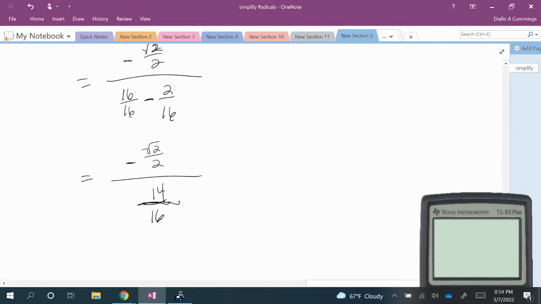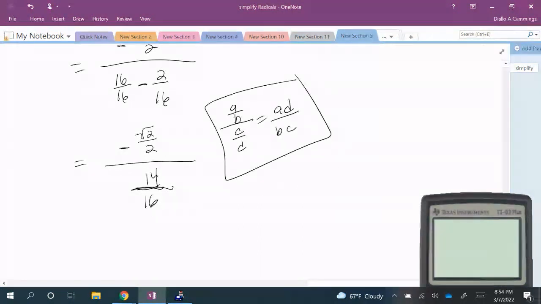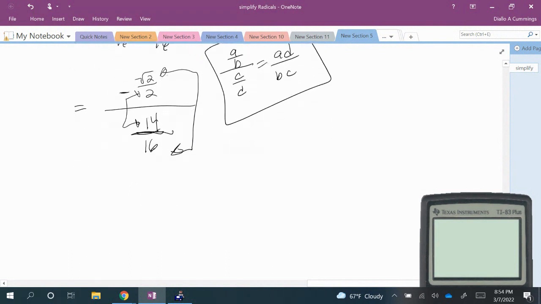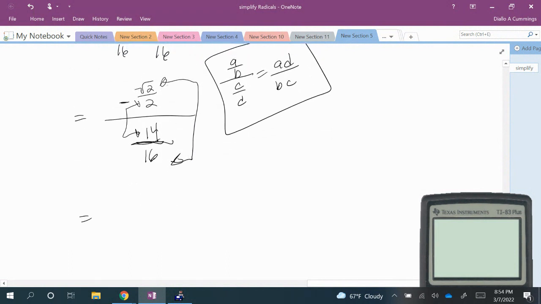From this point, I'm going to use this formula, A over B all over C over D. That's A times D divided by B times C. That allows me to multiply the very top and the very bottom, and then the bottom of the top and the top of the bottom. If we determine our sign first, a negative divided by a positive is a negative.